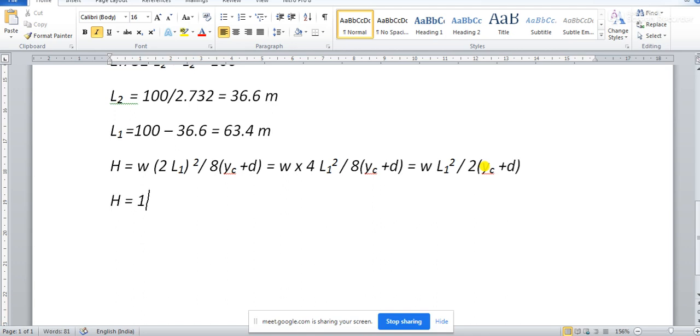10 into 63.4 squared divided by 2 into 6.